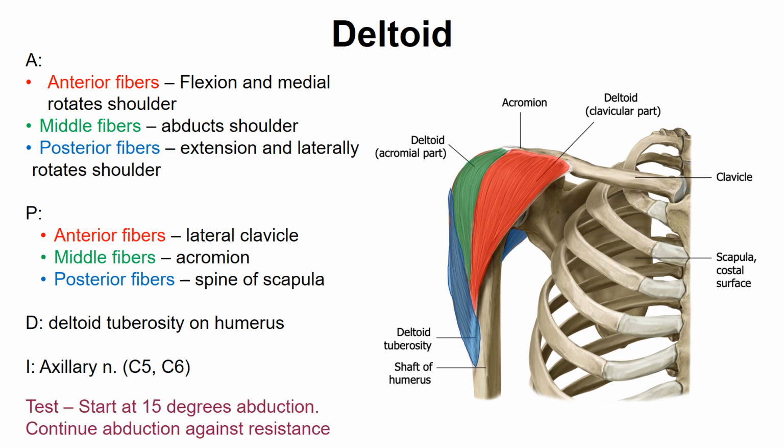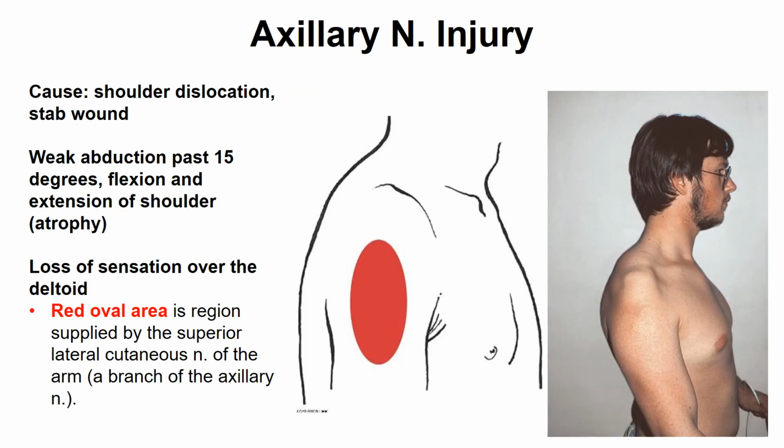You can test the deltoid by starting at an abducted motion at 15 degrees and then telling the patient to continually abduct against resistance. Now with axillary nerve injury, you will have weakness in being able to abduct your shoulder, but also some weakness in flexion and extension.